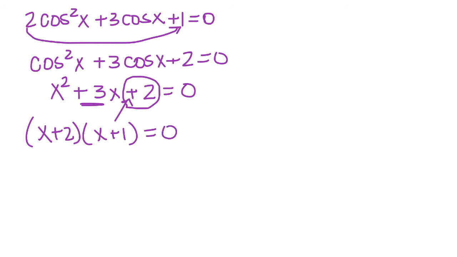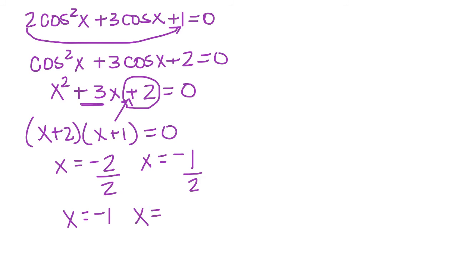And we can even finish solving this and say x equals negative 2, and x equals negative 1, but what do we need to come back and divide by? 2. So let's come back and divide by that 2. So x is negative 1, x is negative 1/2.